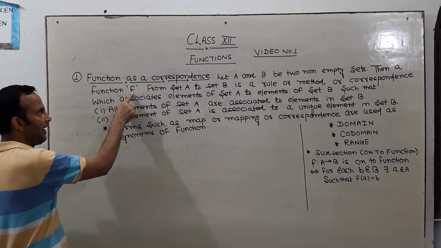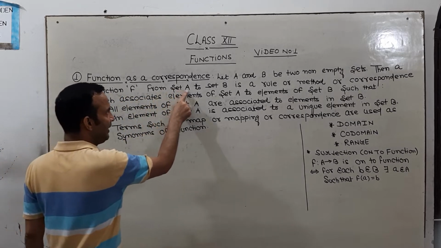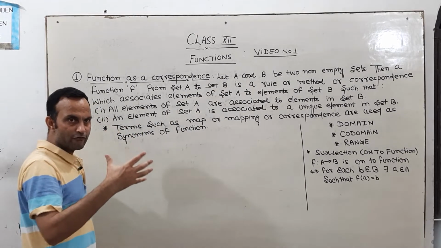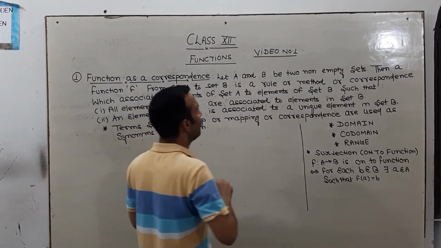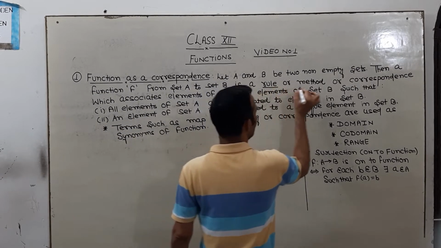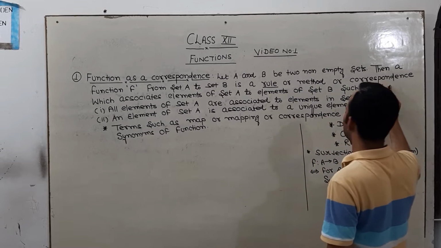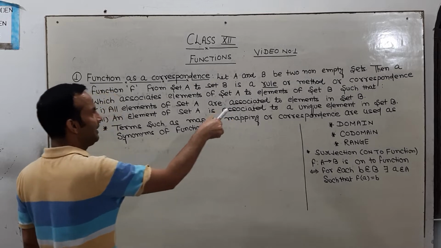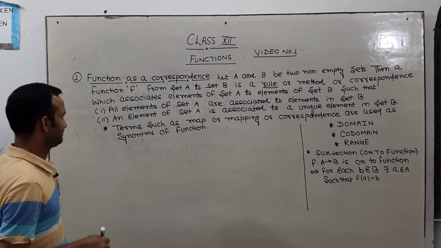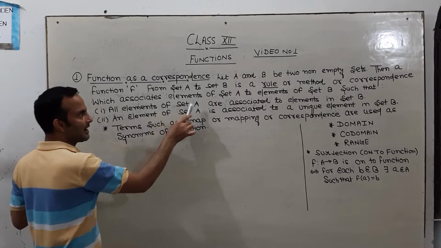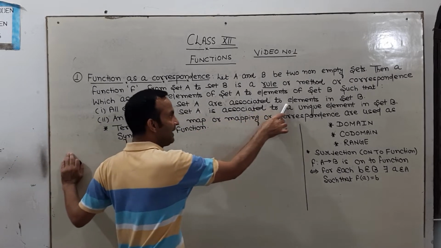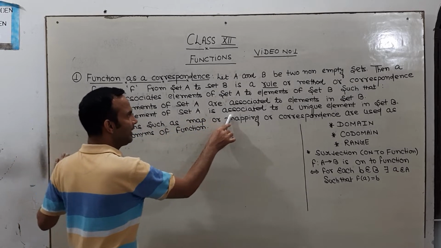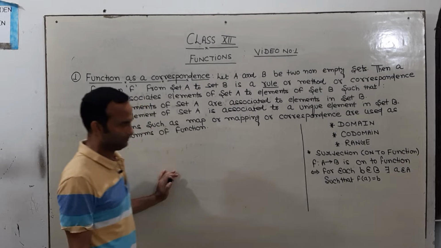Then a function f from set A to set B is a rule, or method, or correspondence which associates each element of set A to an element of set B such that all elements of set A are associated to elements in set B. An element of set A is associated to a unique element in set B.